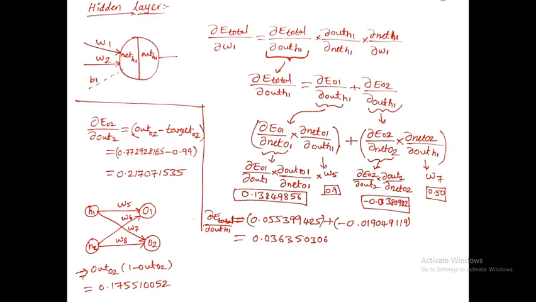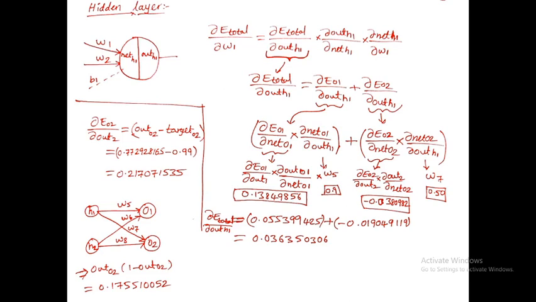Here also you need to do the activation function differentiation. ∂out_o2/∂net_o2 is nothing but the differentiation of the activation function with respect to that x term, 1/(1+e^-x). Here x is nothing but net_o2.